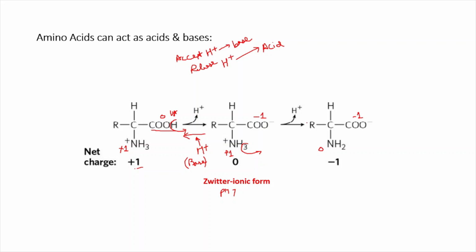Or it may release this proton and then revert to the structure of -1, and by that time it will act as an acid. So it depends upon the medium condition whether the amino acid will act as a base or as an acid.